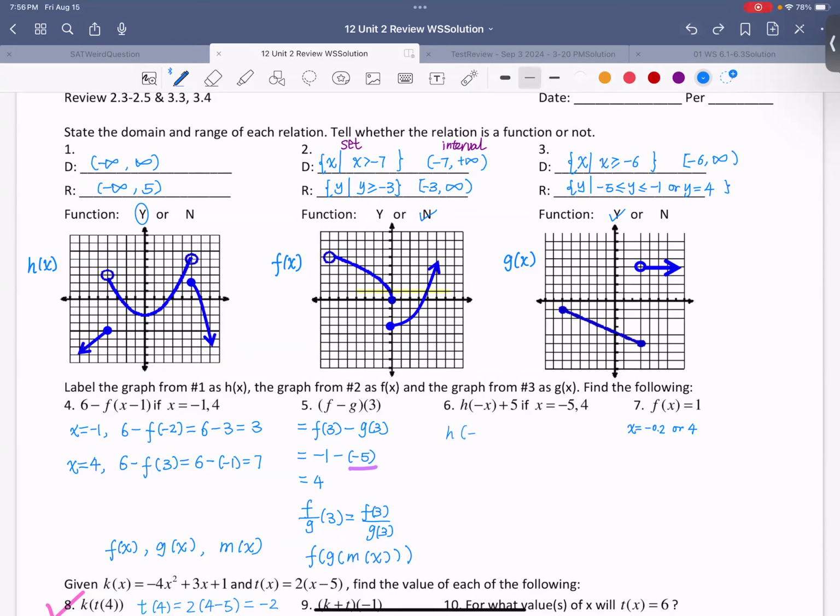H of negative 5 is h of positive 5, right? Positive 5, yes. Can you tell me who is h of 5? This is h. H of 5, wait, 1, 2, 3, 4, 5. Who is h of 5? Okay, so is it 2?